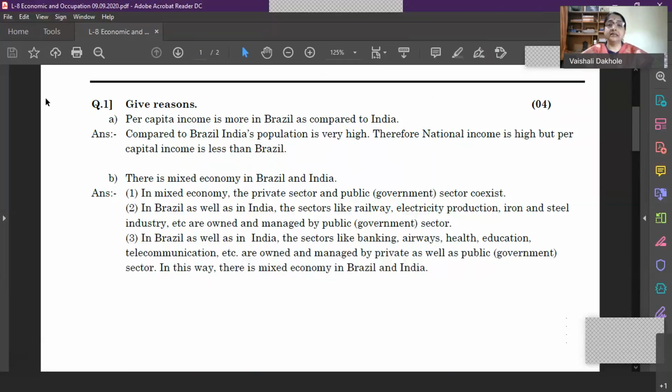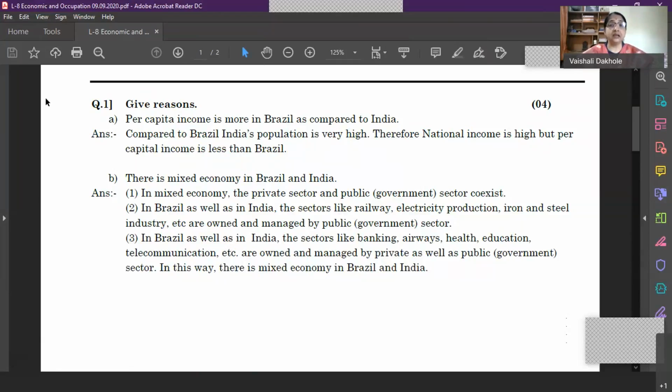Now, when we consider the per capita income in Brazil and India, we have to think about the national income of both the countries. National income of India is very high compared to Brazil. National income is GDP, gross domestic product.